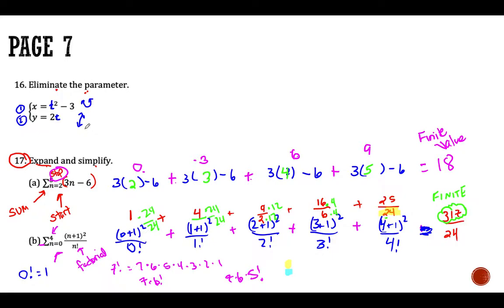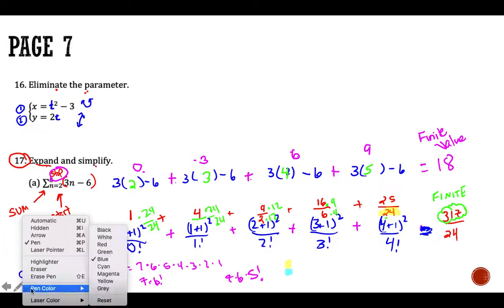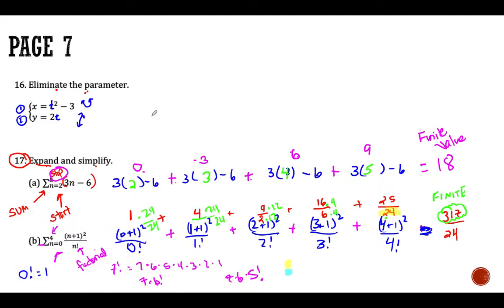So what happens to a particle, or movement? Traditionally, we think of x in terms of the parameter time being horizontal movement, and y in terms of time being a vertical movement.